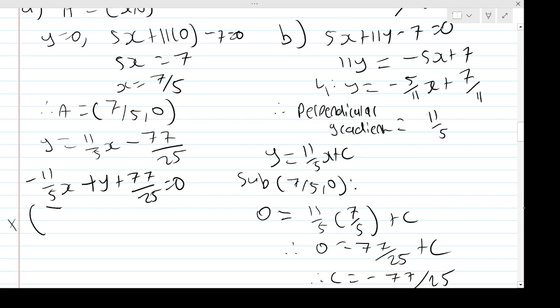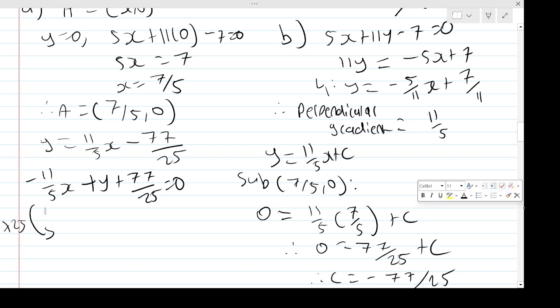Actually 25, right? Because 5 times 5 is 25, and obviously 25 will go into it. So 25 over 25 gives 1, that gets rid of that, and then 25 over 5 will be 5. So times everything by 25 to get rid of both fractions, as 25 goes into both numbers on the bottom, 5 and 25.